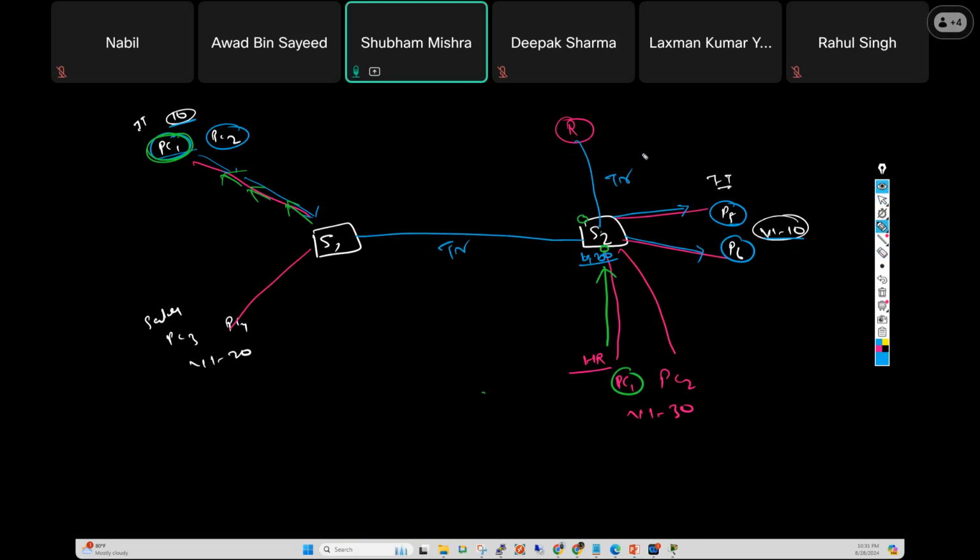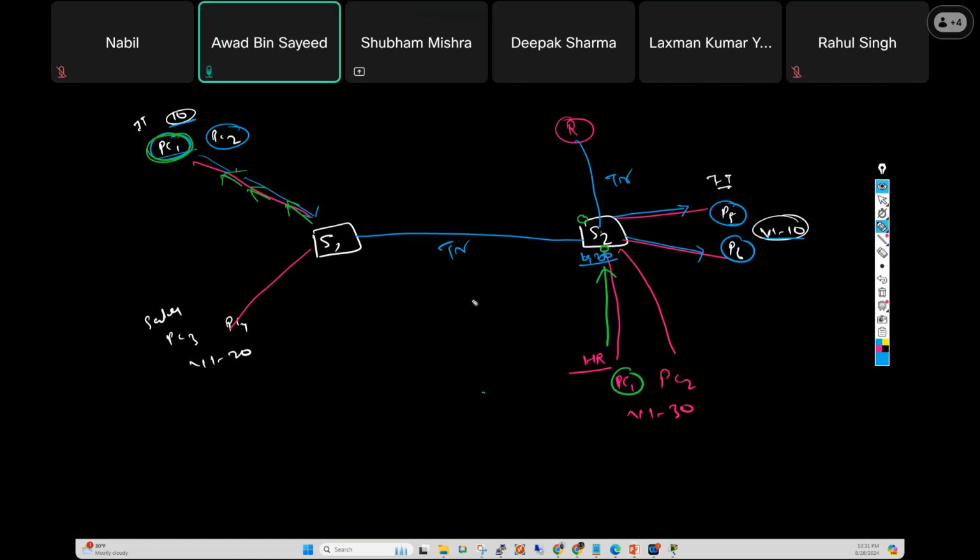If we configure this link as a trunk link, it means every VLAN can communicate with each other. There is no problem. So basically, this is the use of trunk. Clear, everyone?